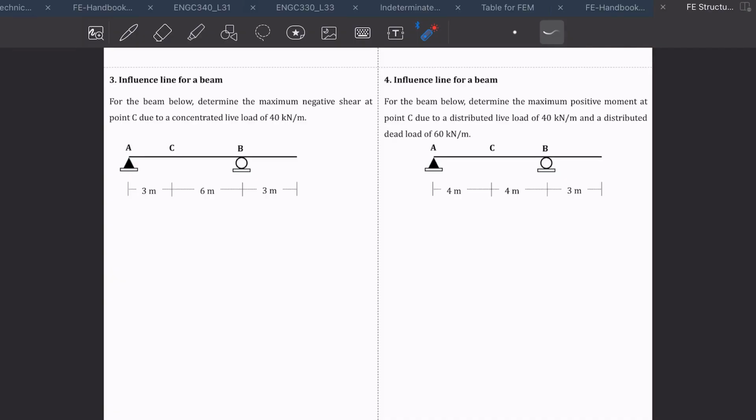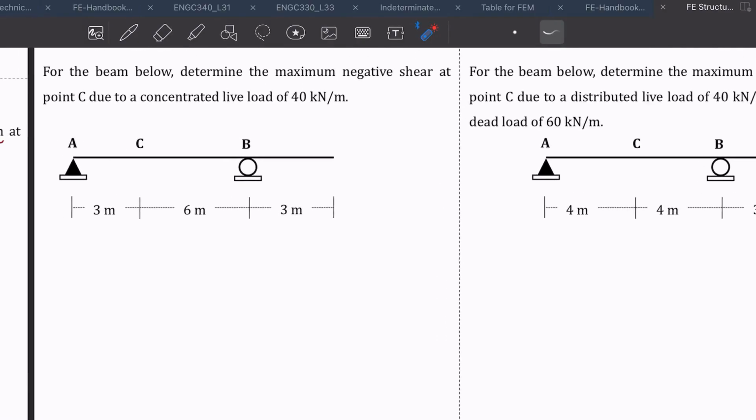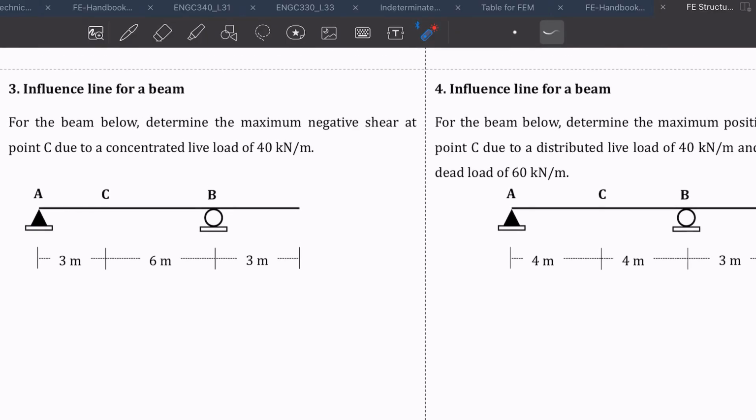Now you're going to see the variation for the negative shear force. How do we apply shear force in a beam due to a concentrated live load of 40 kilonewton?